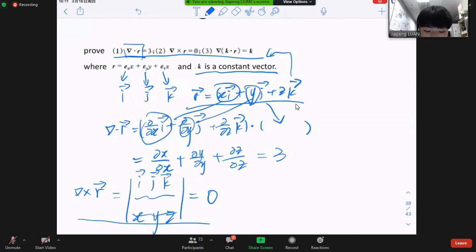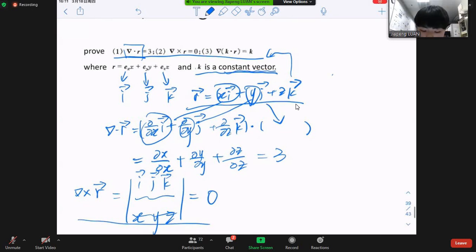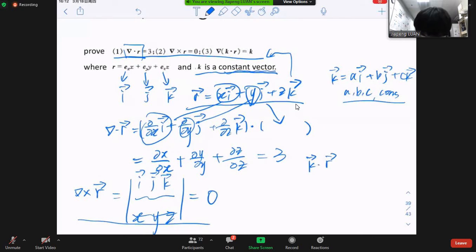And then the third is to calculate this, where k is a constant vector. So you can just assume that k is a i, and b j, and c k, where a, b, c are constant, right? And then you multiply between k and r. And r is this. You multiply these two things, you get ax and by and cz.